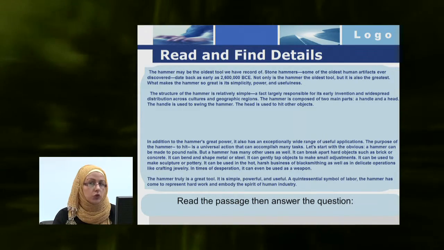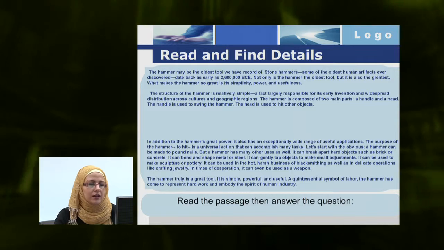That's the practice part. Read and find details. Now, you will have a question focusing on one specific detail, and let's see whether you can pause, read, and locate that detail.